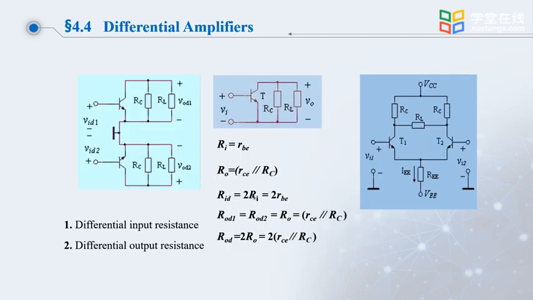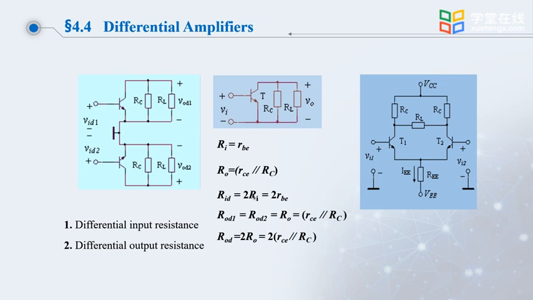For a common-emitter amplifier, the input resistance is equal to RBE, and the output resistance is equal to RCE parallel RC. For the differential mode circuit, the input resistance RID at this time is equal to twice the input resistance Ri, that is, 2 times RBE.